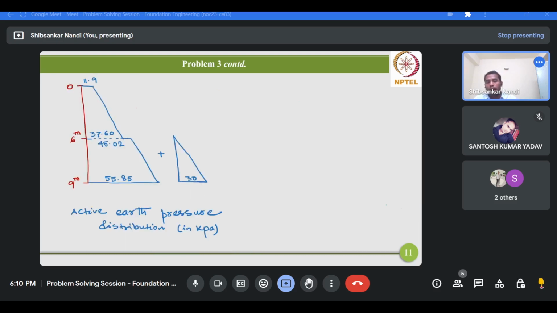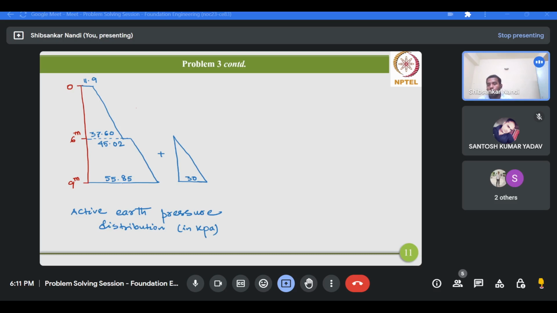And the second component will give you the pore water pressure contribution, and it will only be valid in the second layer, since you are having the groundwater table location at the interface. So therefore it's better to represent the active earth pressure distribution in this fashion.